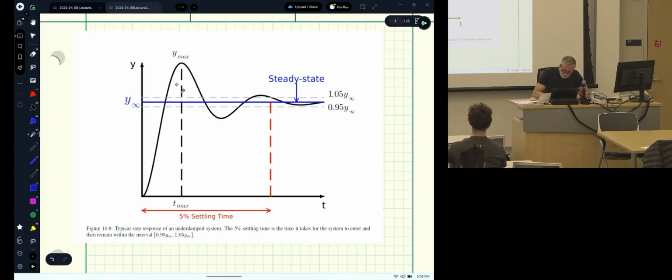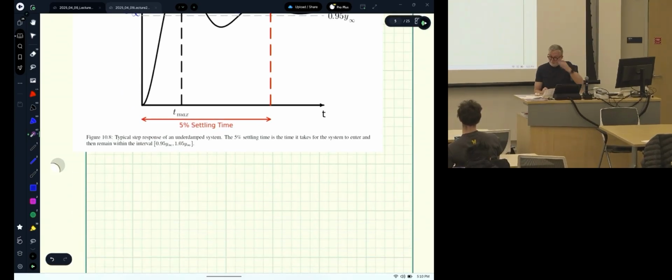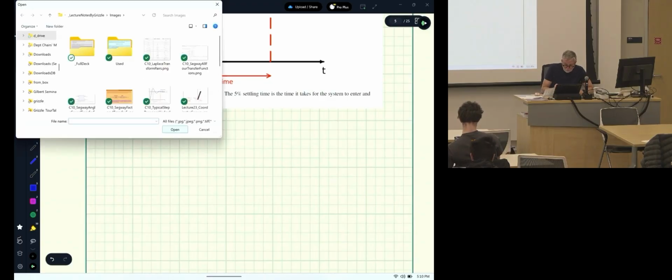The other thing we look at is the percent overshoot. So that's Y max minus Y infinity normalized by Y infinity and then times 100%. This is on your handout, the key performance things.